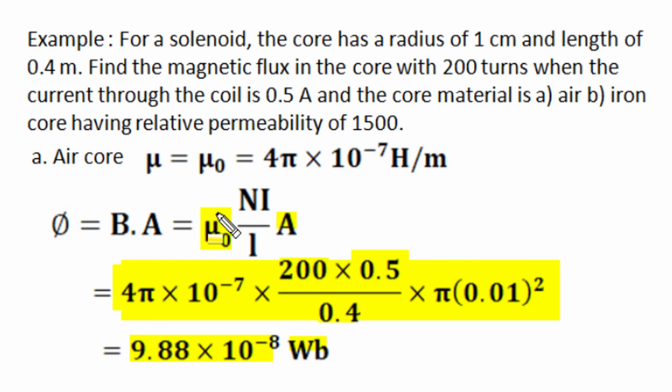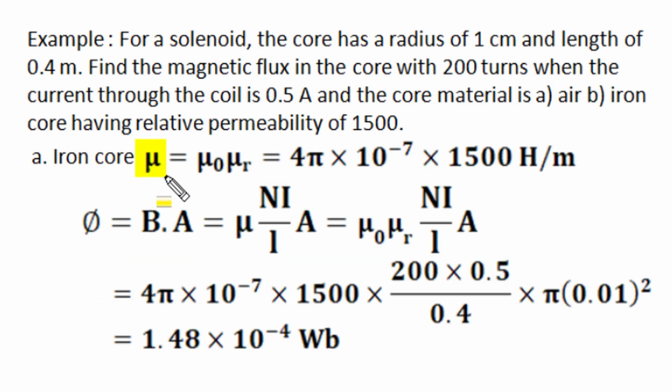But in the iron core, the permeability of the medium becomes mu r times mu naught. Mu naught is 4 pi into 10 to the power minus 7, and relative permeability is 1500. So permeability becomes 1500 times more than that of air, in Henry per meter. The same relation applies: flux is magnetic induction multiplied by normal cross-section area, and magnetic induction is mu0 times H, where H is independent of medium.